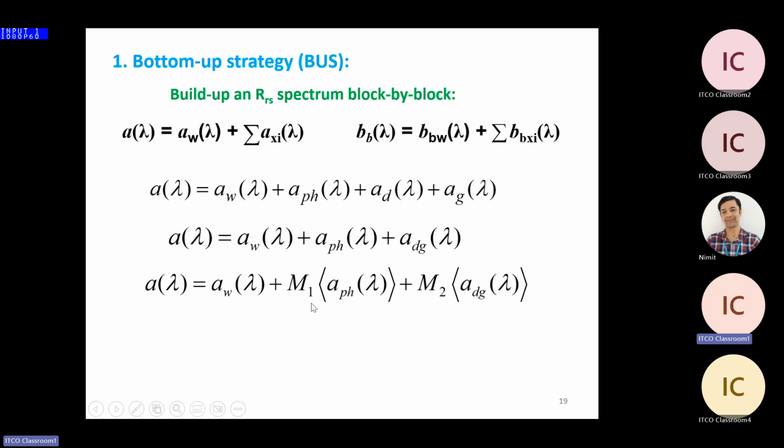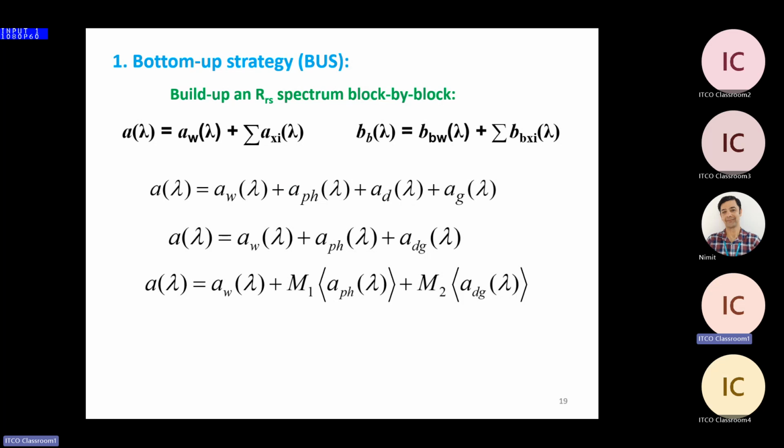Then what we do is we try to use a spectral shape. So this symbol represents a spectral shape. We're trying to model a spectral shape of APH, and a spectral shape of ADG. What does that spectral shape mean?